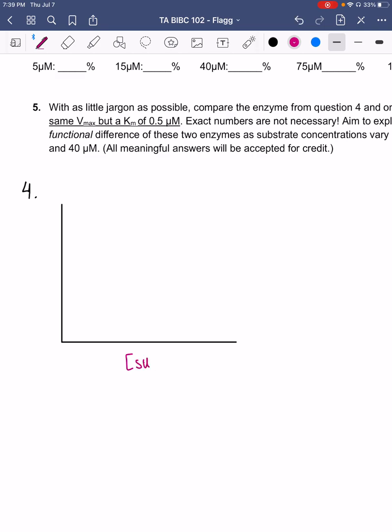So the x-axis is concentration of substrate present within the reaction, and the y-axis is velocity of the reaction, so how fast the reaction is going, or the rate of the reaction, all the same thing. At the very top of the y-axis, we have 100% velocity, otherwise known as Vmax, so maximum velocity possible.